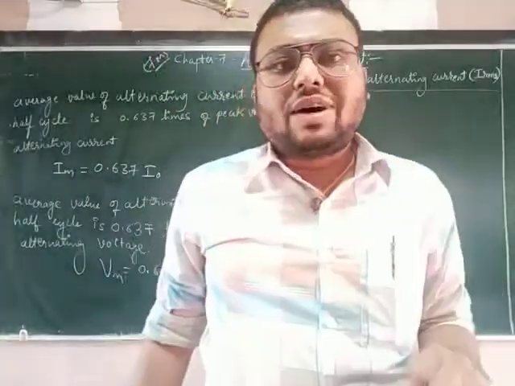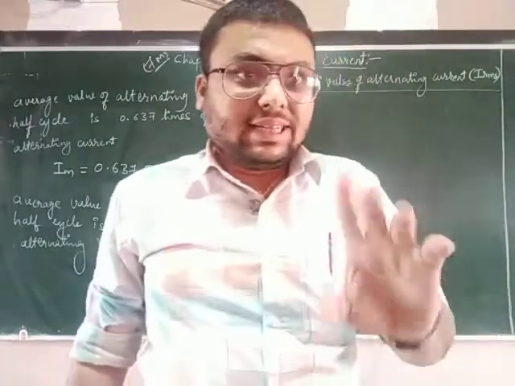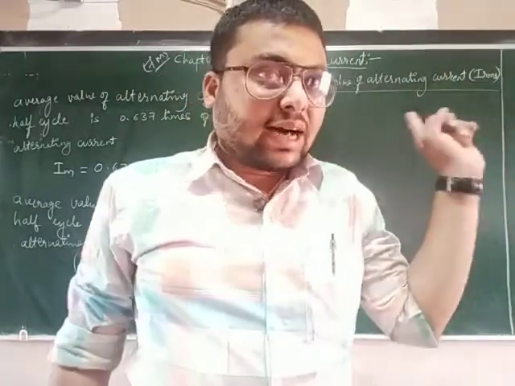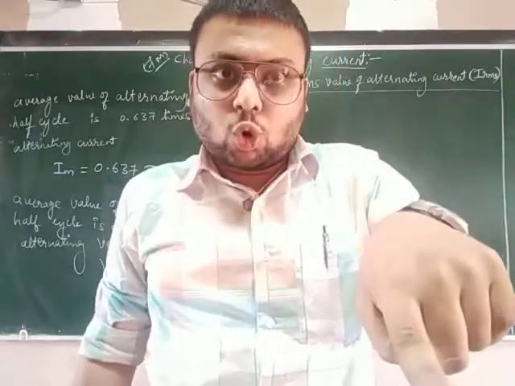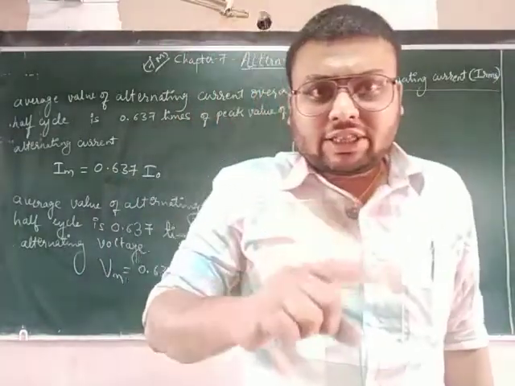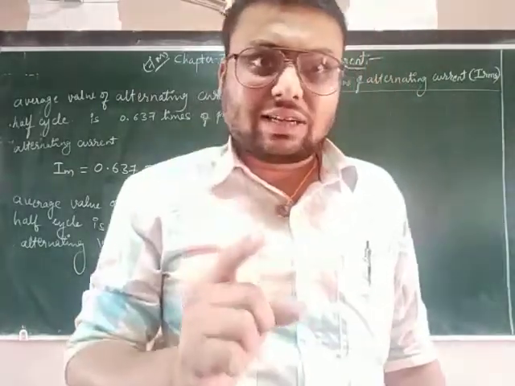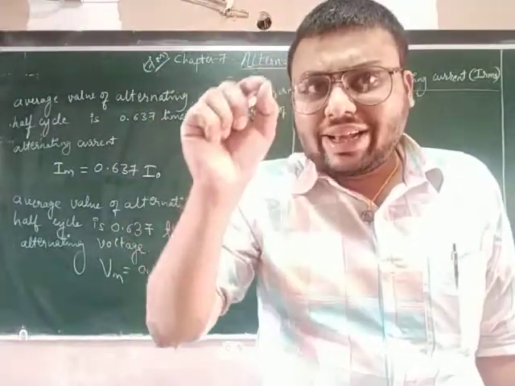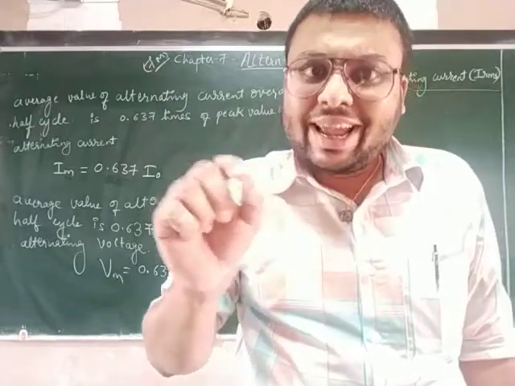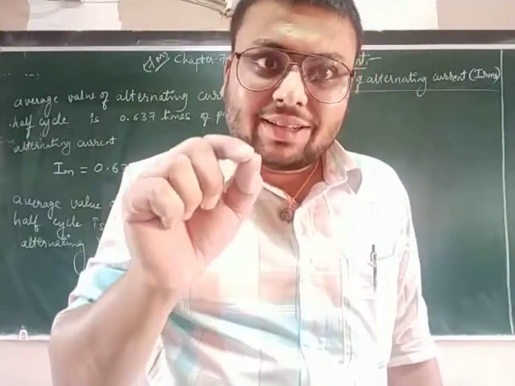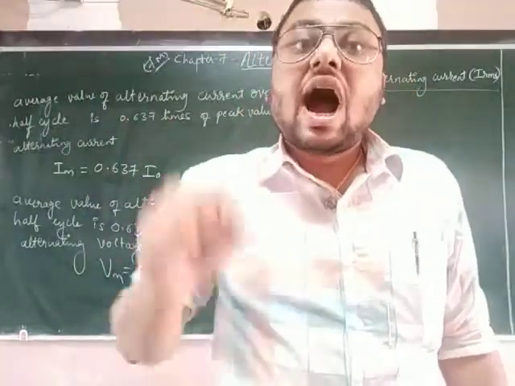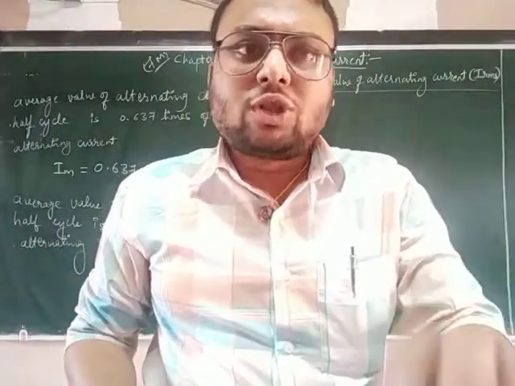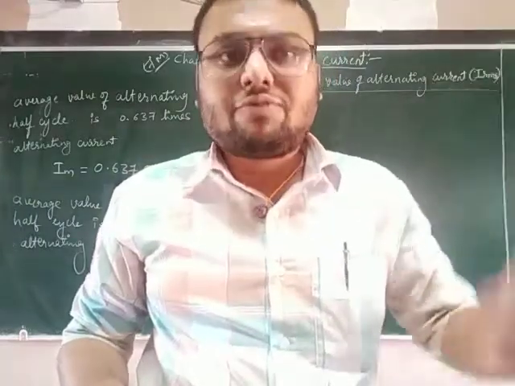The RMS value of alternating current is nothing but that direct current which, when flowing through any resistor for a given time, produces the same heat as that produced by the alternating current when it is flowing through the same resistor for the same interval of time.